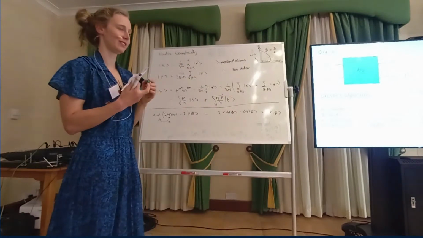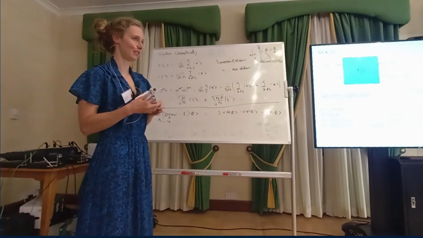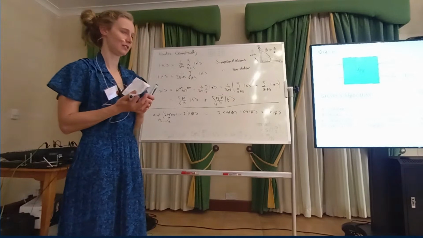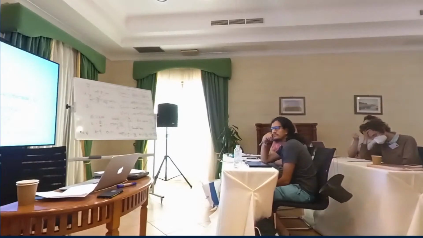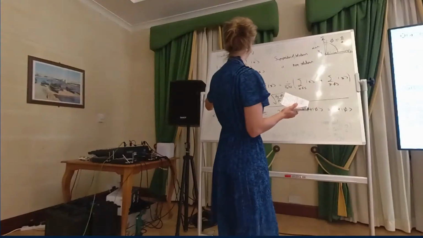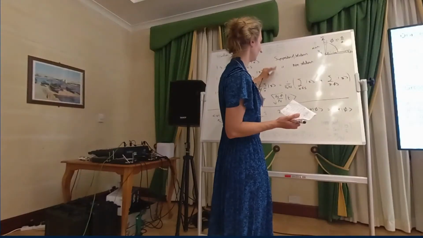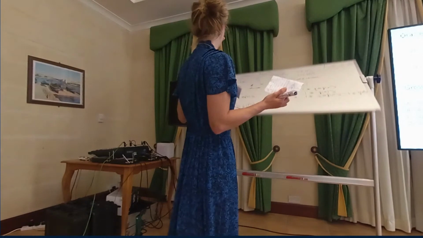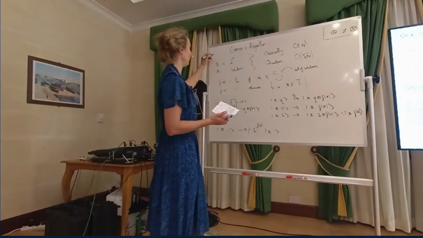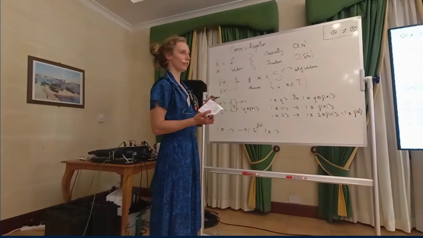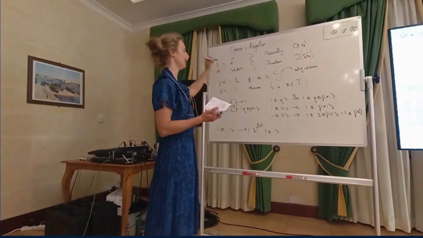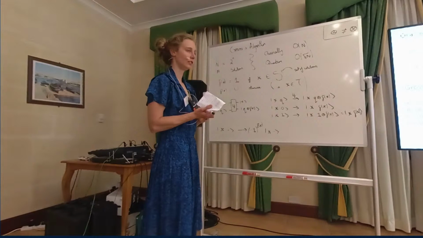The number of qubits always has to increase. So if you've got N entries, you're going to need log N qubits. So that's a sort of exponential improvement on the classical case.